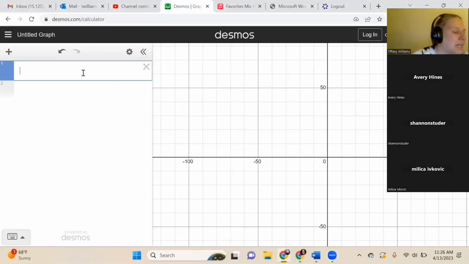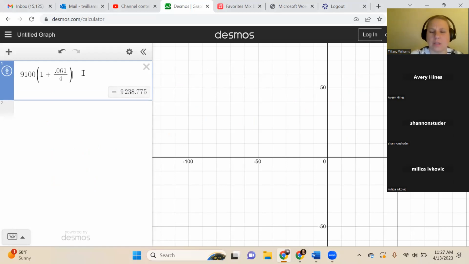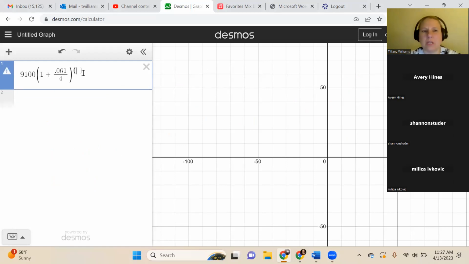Okay, so on Desmos, I would type in, so what did we have here? We had 9,100 times 1 plus, was it 0.061? Yes. Divided by 4. And then that would be raised to the, is it 4 times 4? I believe it's 4 times 4.